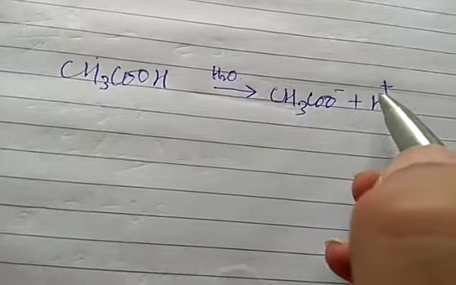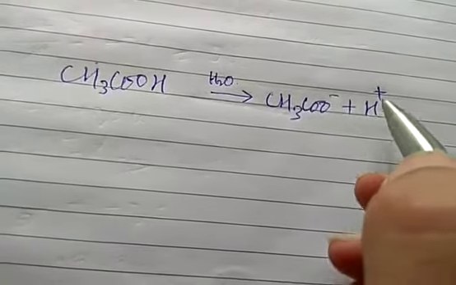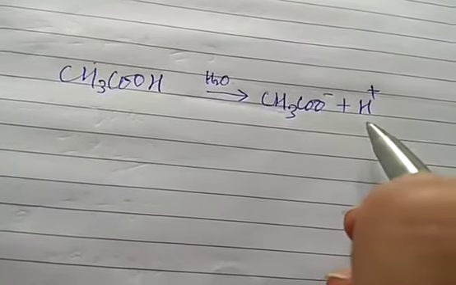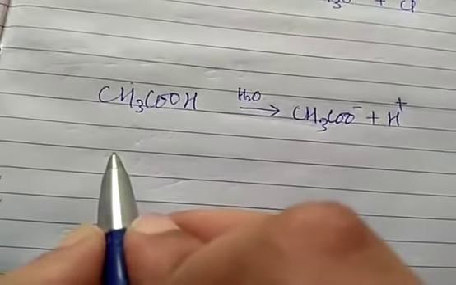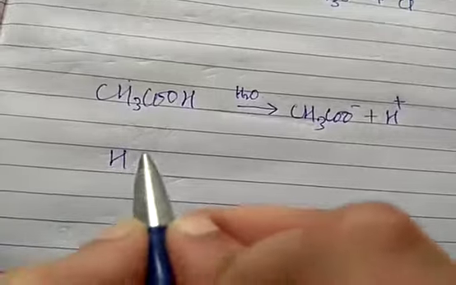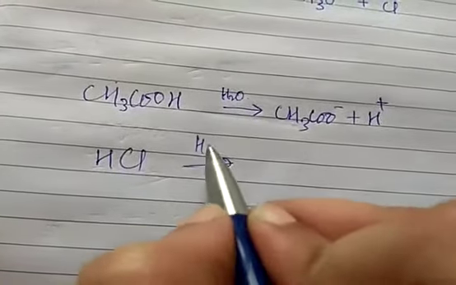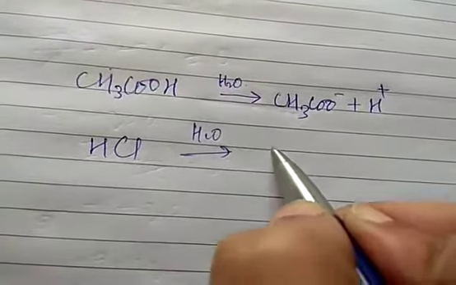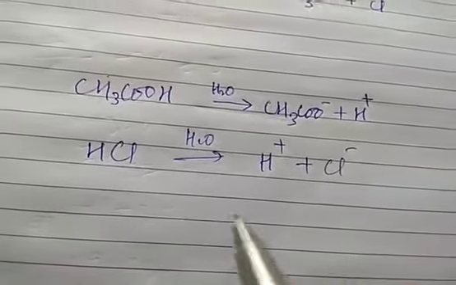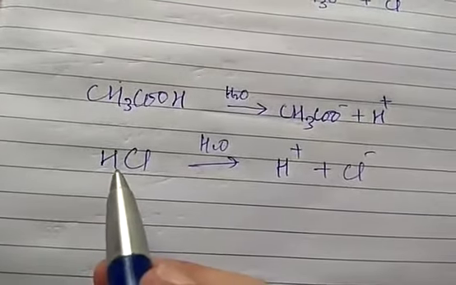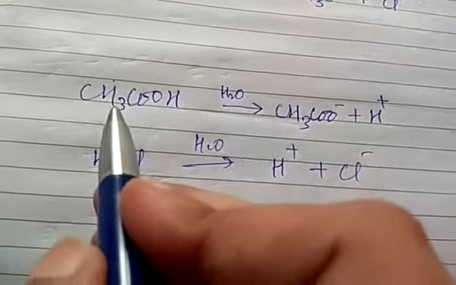I could have, but I told you that H plus and H3O plus can be treated as the same. So I have just written H plus only. Another example, of a strong acid, I am taking to be HCl. So here H plus and Cl minus are both produced. Now I am saying this is completely dissociated, and this is incompletely dissociated.